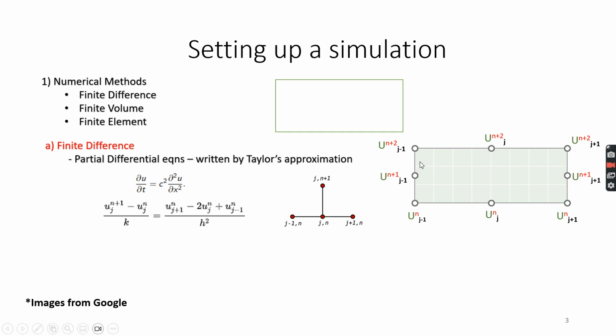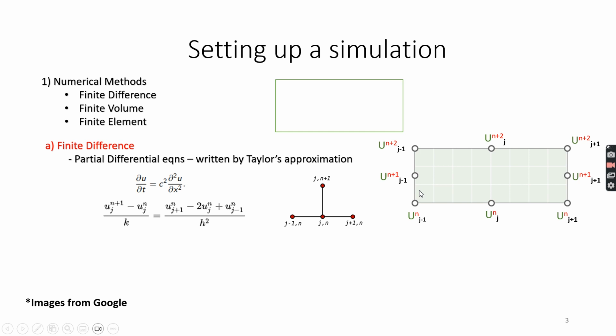Since this is not a one-dimensional case, this is a two-dimensional case, I should be having here also i and j. i involves the dimension in x and j involves the dimension in y. I'm very sorry for that, since it can lead to confusion, but what I meant to say was the clear advancement of time and space, as you can see over here.